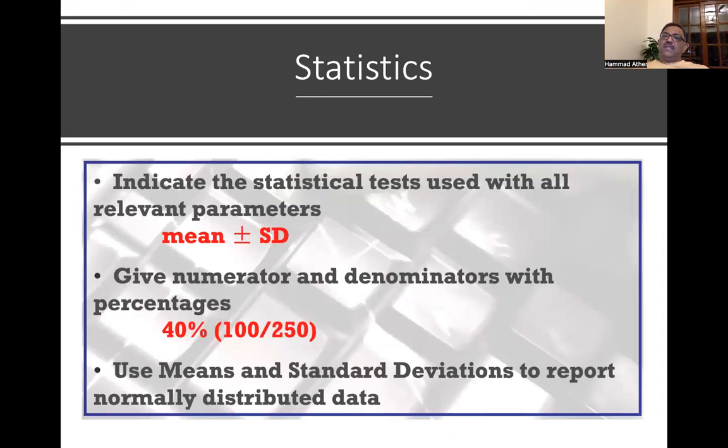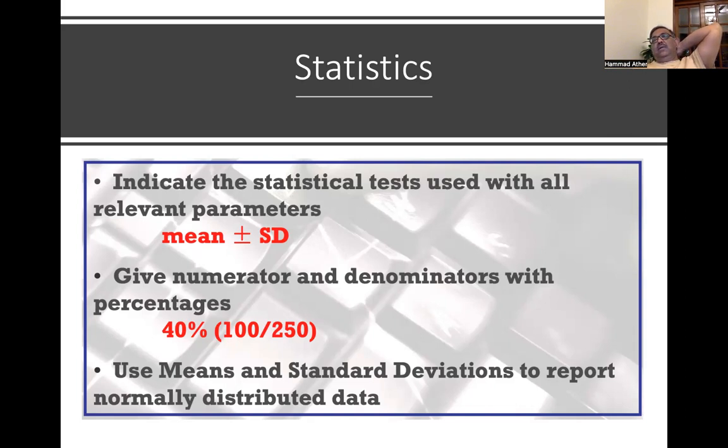When you're describing your statistics, it's important that you indicate the statistical method used with all the relevant parameters. Have you determined the mean or the average or the median, and is it with standard deviation? Write proper signs. It's important that you write denominators and numerators and not just percentages. 40% may not mean anything.